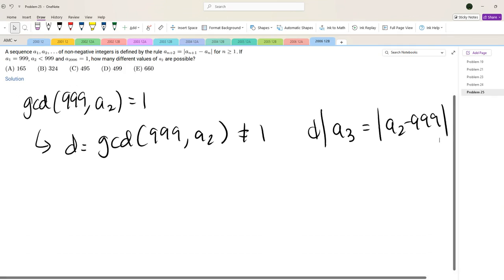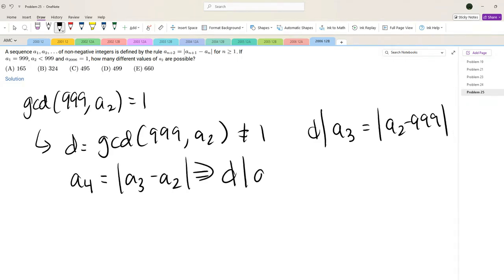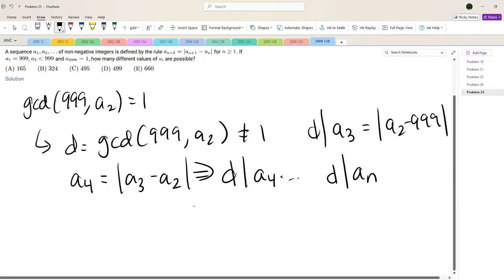And then A4 would be the absolute value of A3 minus A2, which D would divide by the same reasoning, and so on until D divides AN. So for all AN, you can continue this process.